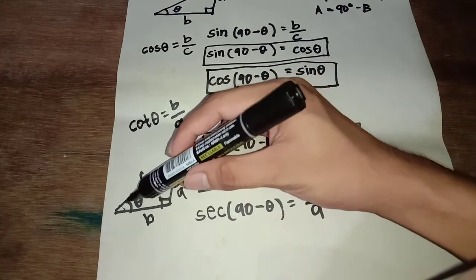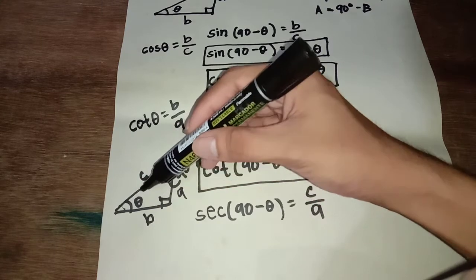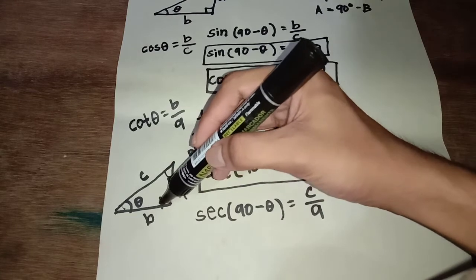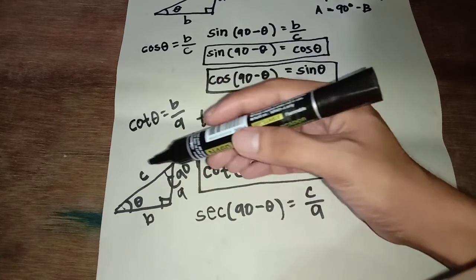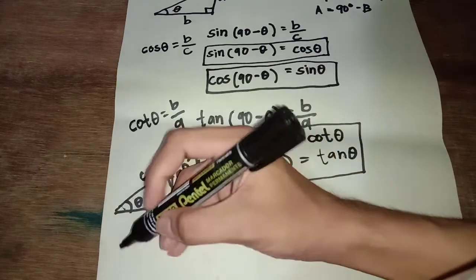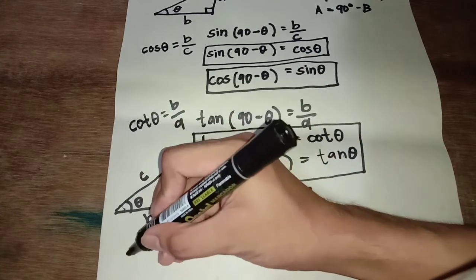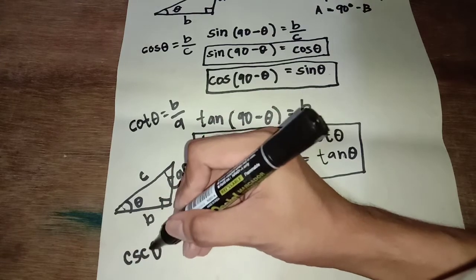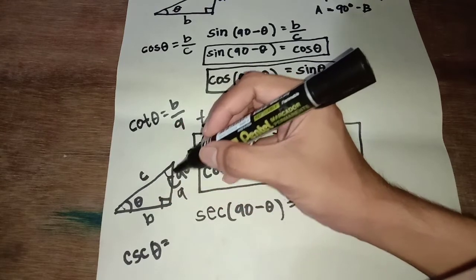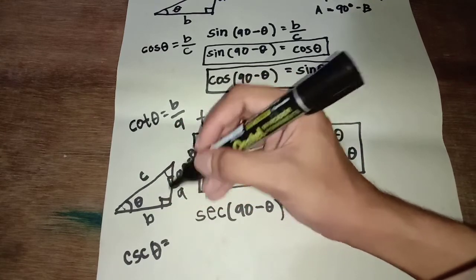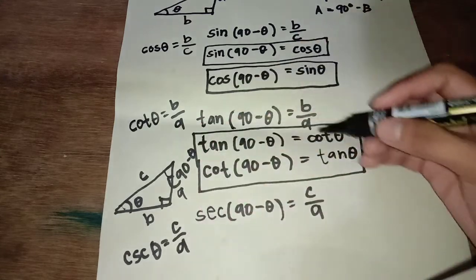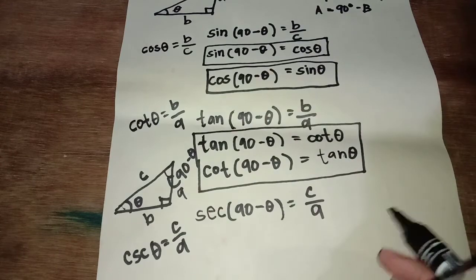Now, kung ito naman yung reference angle natin, yung C over A is hypotenuse over the adjacent side. Now, ang hypotenuse over adjacent side is the reciprocal of sine, which is the cosecant. Now, cosecant theta is equal to hypotenuse over the opposite side. That is C over A. I-substitute ko to dito.